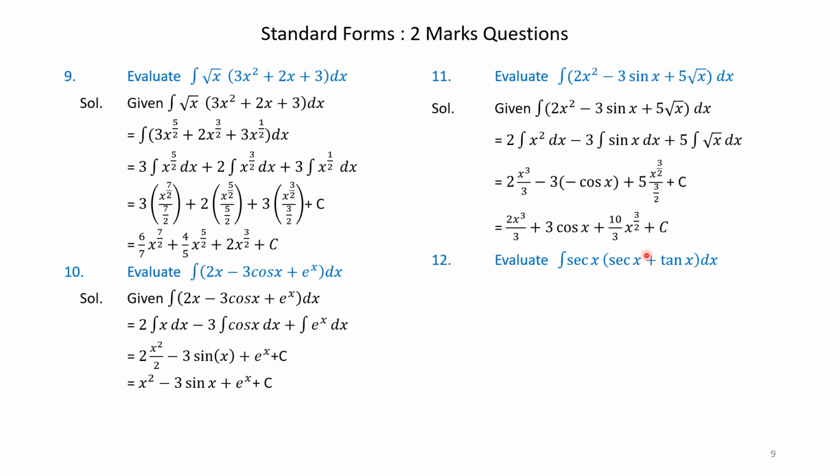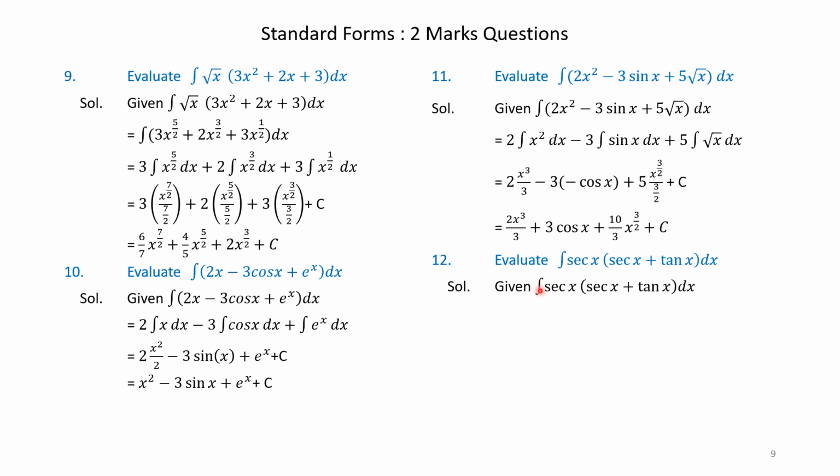Next question. Evaluate. Now it is a pure trigonometric function. Evaluate the integral of secant x into secant x plus tan x dx. Let us solve it. The given equation is written down as it is.